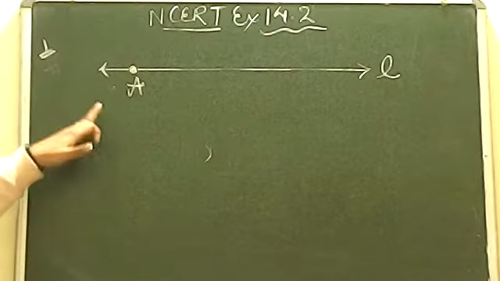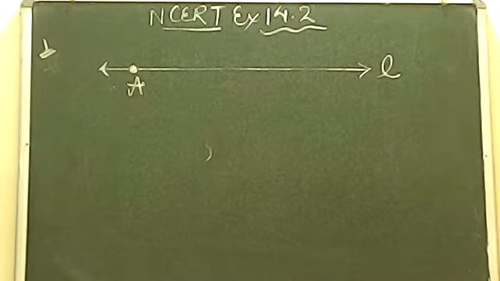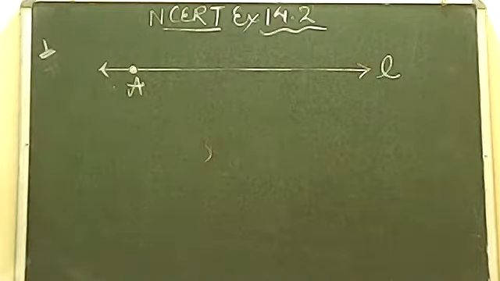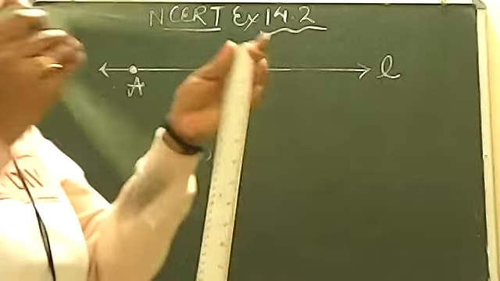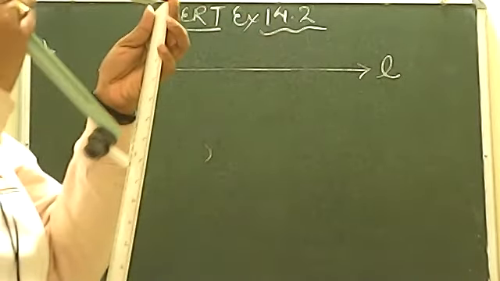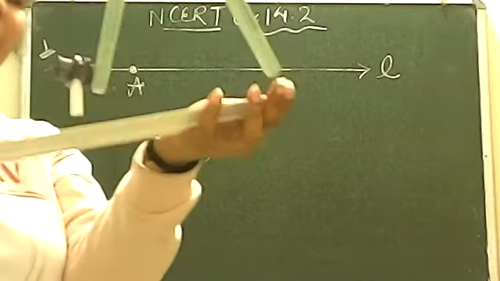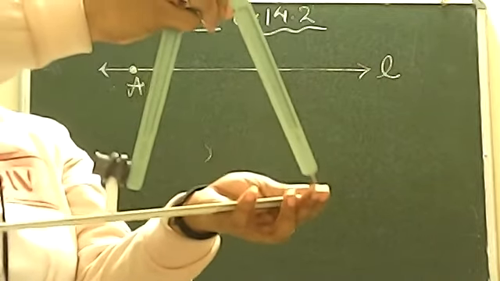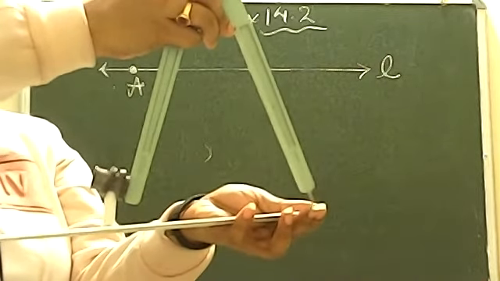Okay, after marking this point, I will be taking my compass and I will be opening it and taking my ruler and I will place like this on 0 and I will see where my pencil is reaching till 7.3. It means I will open my compass in such a way that my compass should open only till 7.3.